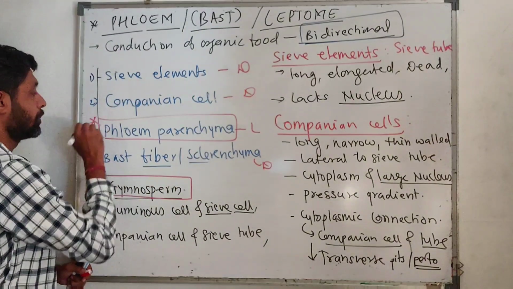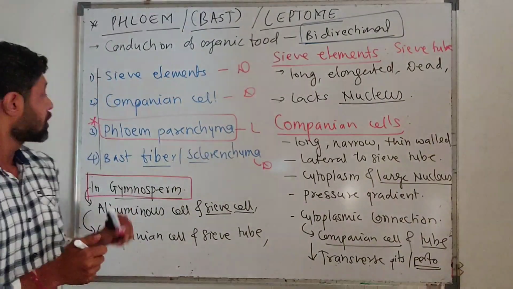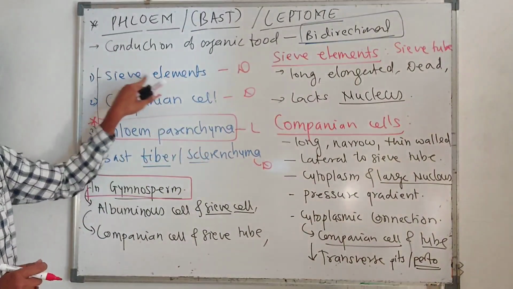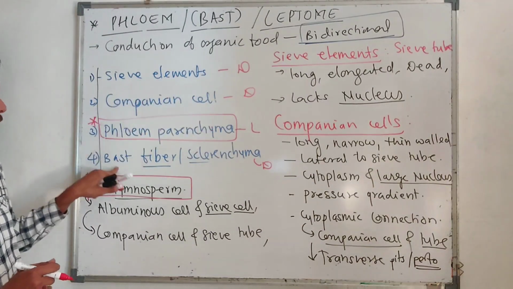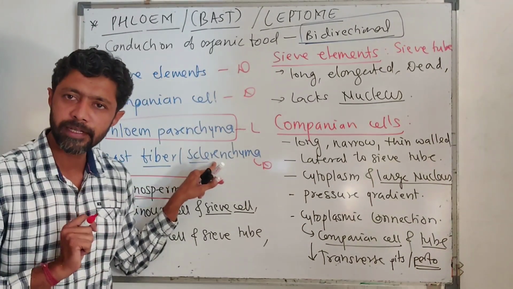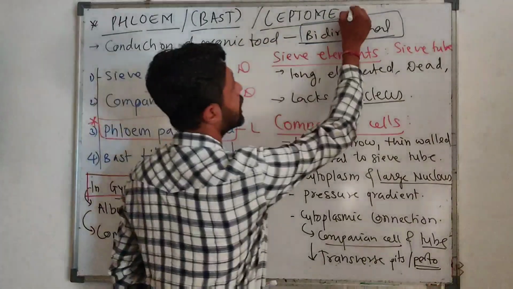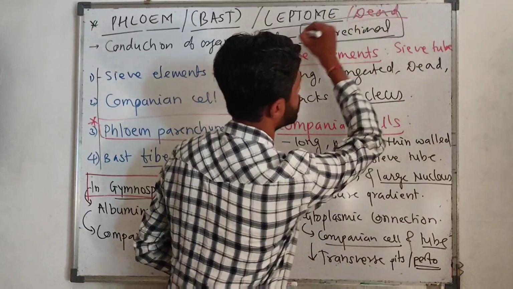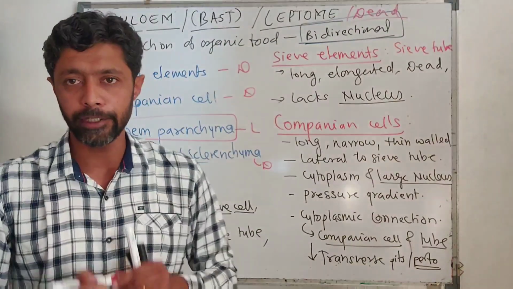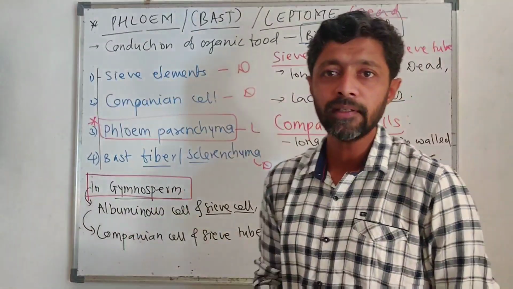So the only living tissue in phloem is phloem parenchyma. Sieve elements, companion cells, and bast fiber or phloem sclerenchyma are all dead, and so we call this tissue a dead tissue, as we called xylem a living tissue.